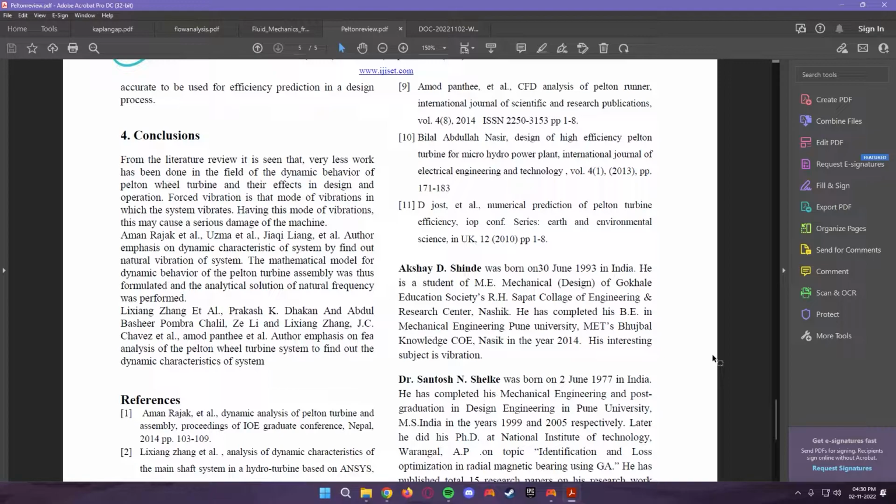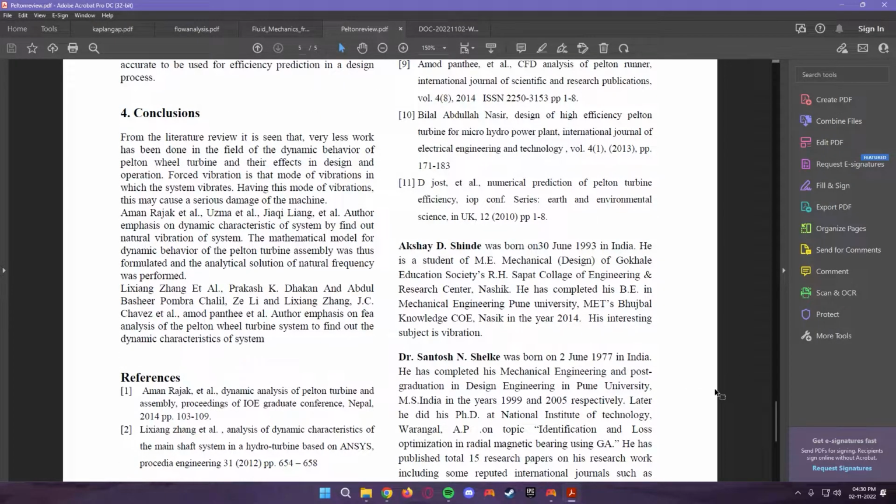Aman Rajak, Ujman, and Jack Ling, as authors, apply the dynamic characteristics of the system by finding the natural vibration of the systems. The mathematical model for the dynamic behavior of the Pelton turbine assembly and the analytic solution for natural frequency were performed. And this is the abstract of this overview.